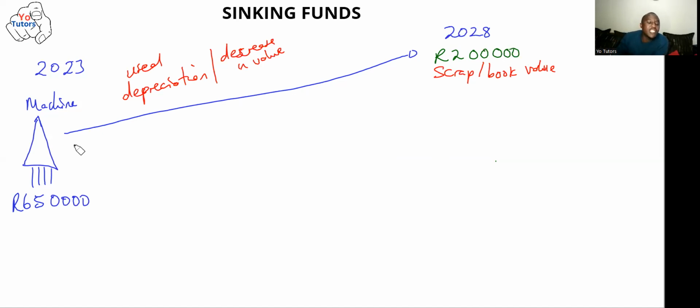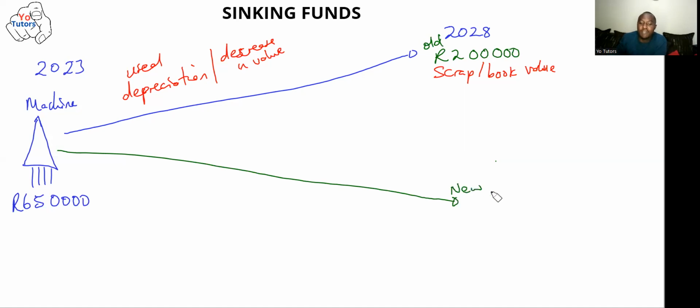What about if we want to buy the same machine in 5 years' time, in 2028? This one is an old one, and we want to buy a new machine.